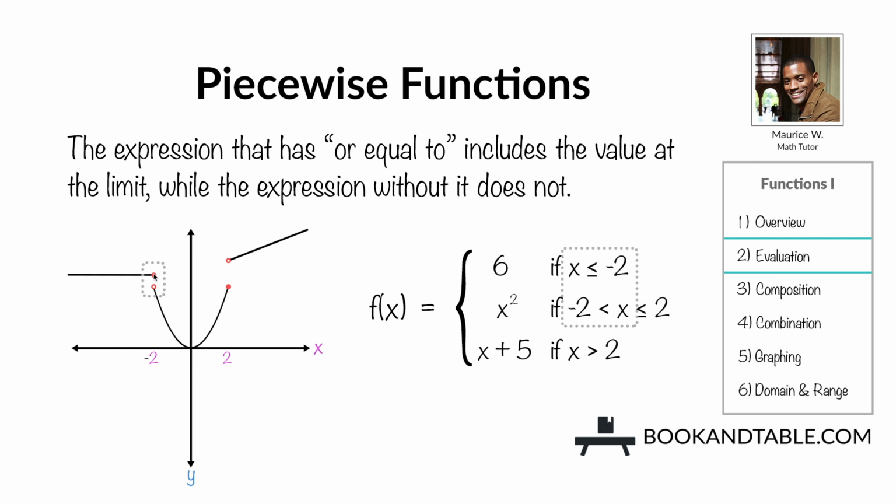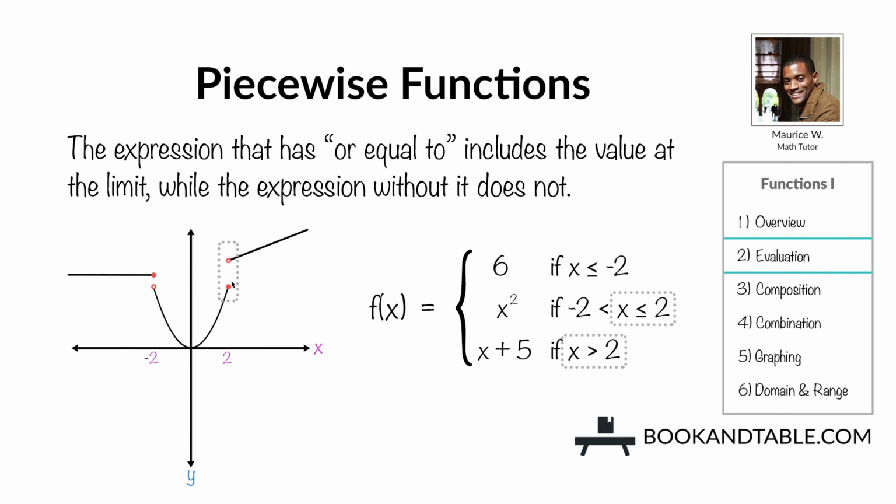So that circle is filled in. So that means here at this interval, which starts at the same number, negative 2, x cannot be equal to that value, because at negative 2, it's already equal to 6. So that is why this circle is empty. At negative 2, the expression is equal to the one that is filled in, not the one that is empty.